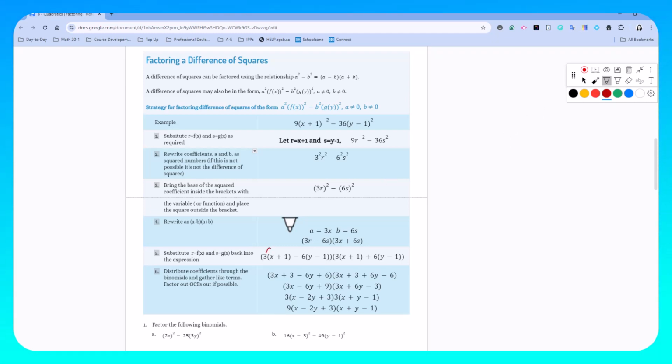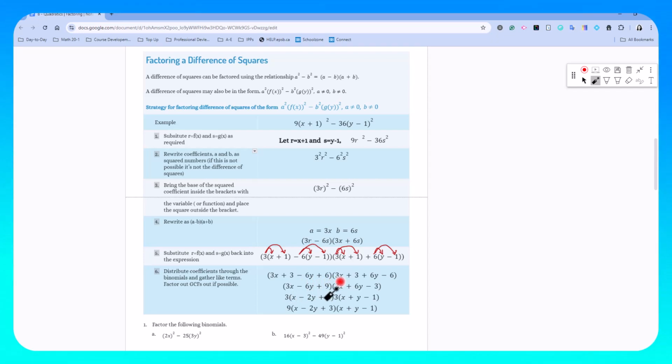So the 3 is going to be multiplied by this and this. The negative 6 by this and this. And remember, a negative times a negative makes a positive. So we're doing a bunch of distributing here. That's going to give us 3x plus 3 minus 6y plus 6, and that's in one bracket.